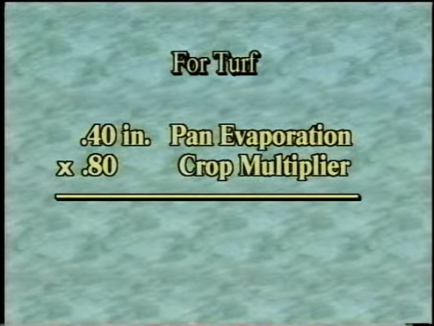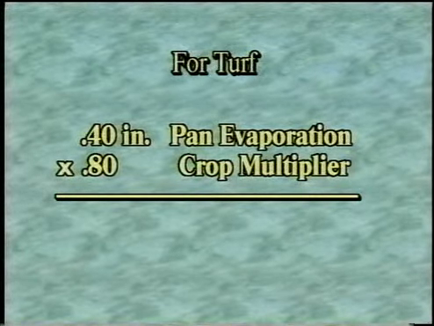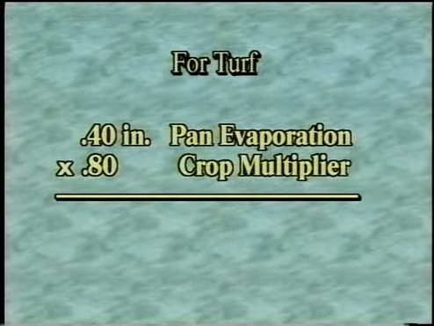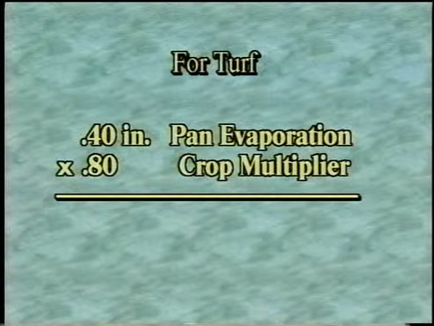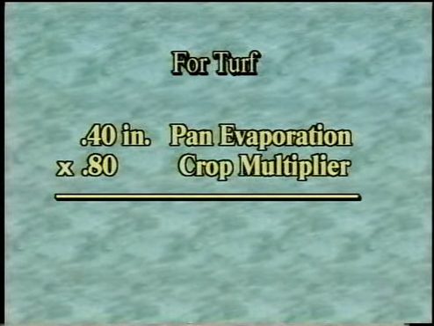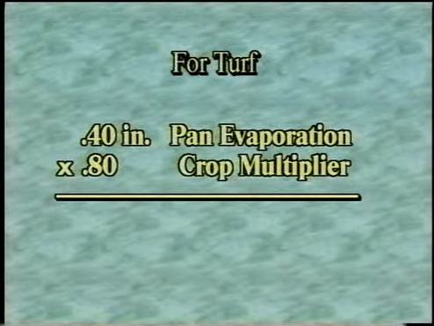I simply take the value, 0.40 inches, that was the pan evaporation, times 0.80, which is my crop multiplier.